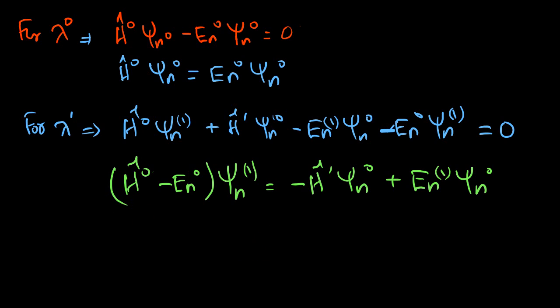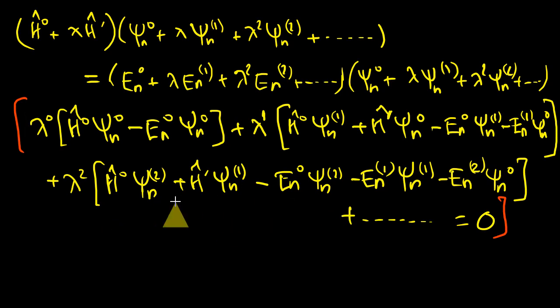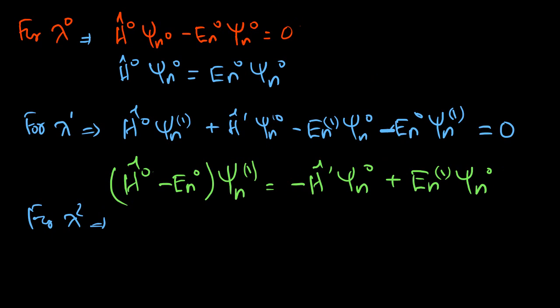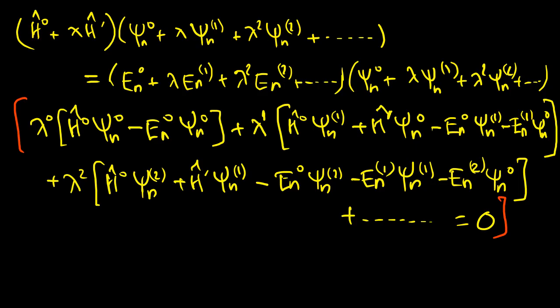And now let us go for lambda square. For lambda square, the coefficient of lambda square in the previous equation is equal to 0. So we can write H cap 0 psi n 2 plus H cap dash psi n 1.